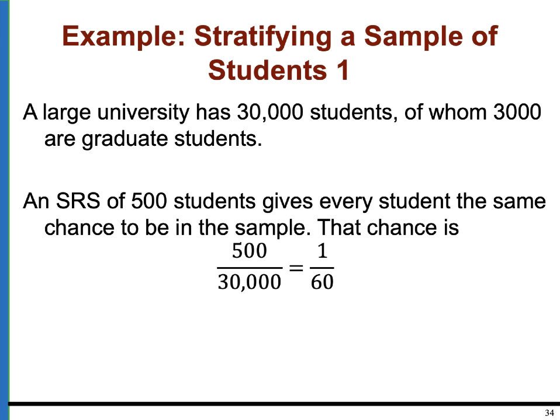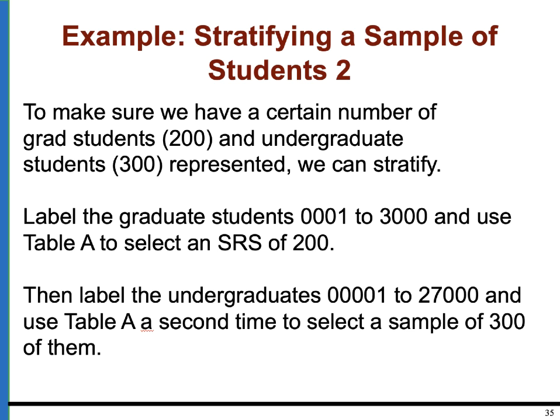But perhaps we want to make sure that we represent both undergraduate and graduate students. So we could do a stratification technique where we ensured that we took 200 graduate students and 300 undergraduate students. So what you could do is you could label the graduate students 1 to 3,000 and then take the table and select which of those students are going to be in the sample.